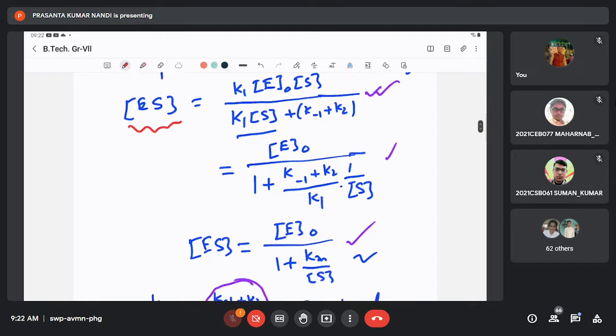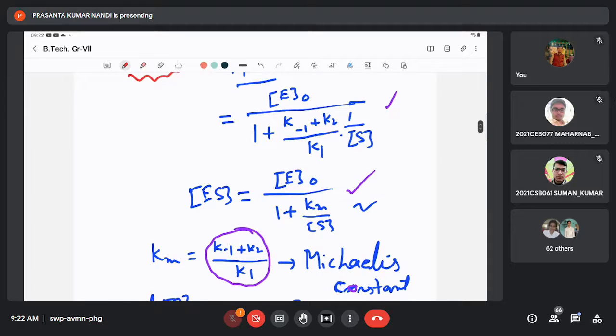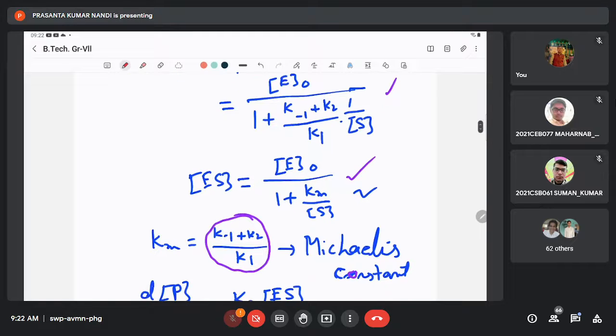Now, interestingly, this quantity that I have written as Km, that is K inverse 1 plus K2 by K1, factored together constitutes what we call the Michaelis constant. Michaelis constant, right? It is denoted by K subscript M.